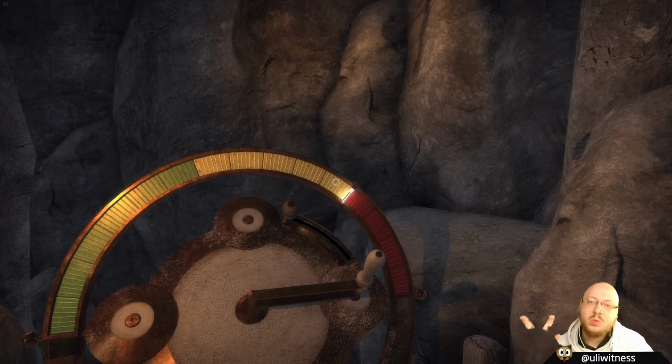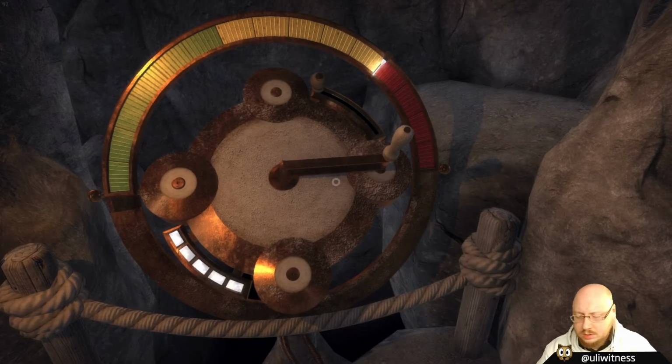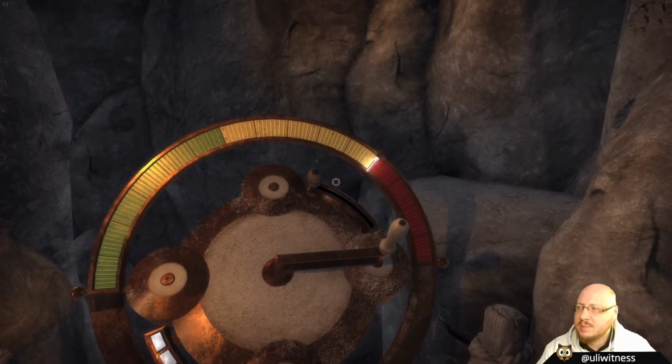But I would need a 1 to be able to get to 11. Like 6 plus 5. Am I mathematically wrong here?